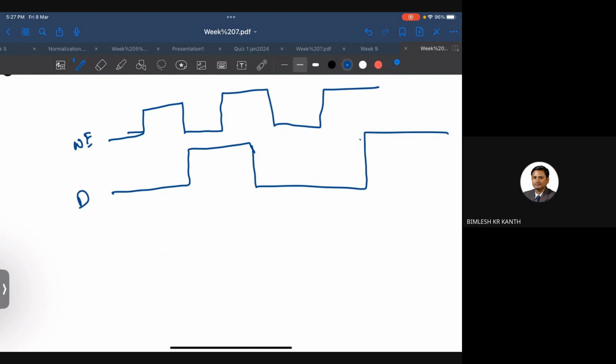So suppose you want to find the Q. What will be the timing diagram?